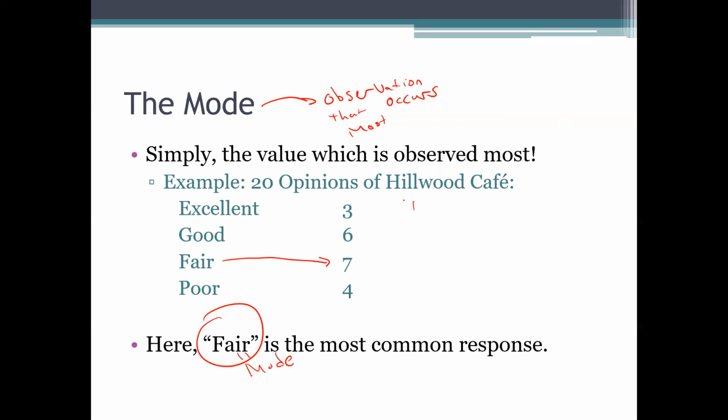If you have numerical data, something like this, for example, a data set that looks like 7, 7, 8, 8, 8, 9, 10, 11, and 13, what would you say the mode is here? Okay, but what if you have a data set that looks like this?